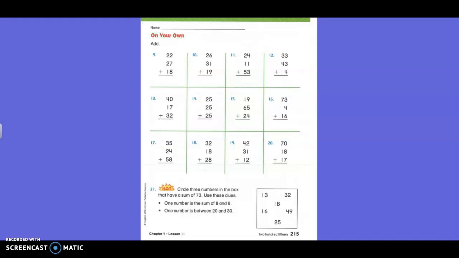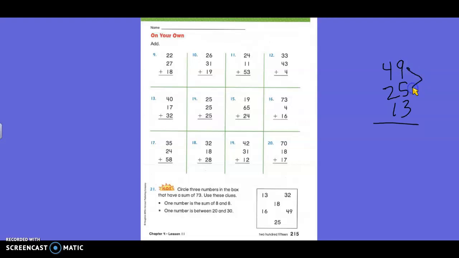3 numbers that have the sum of 73. Okay, so give me 3 numbers from in there. Ivan? 49 plus what? Plus 25 plus what? Plus 13. Okay.